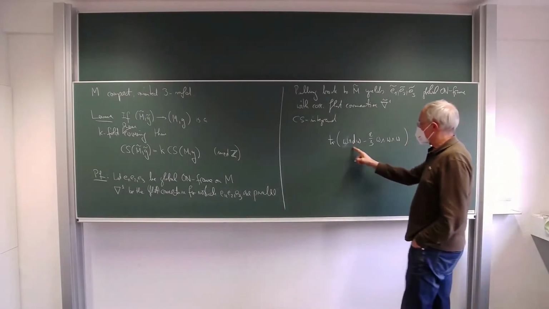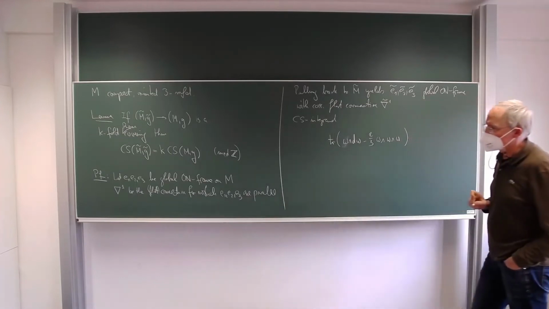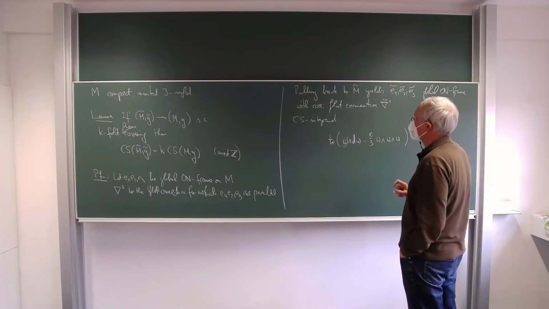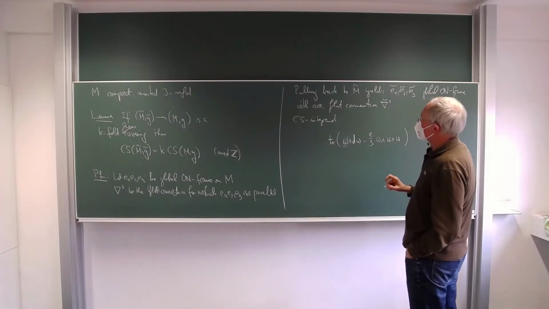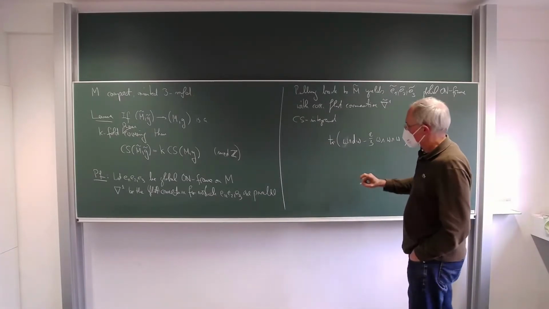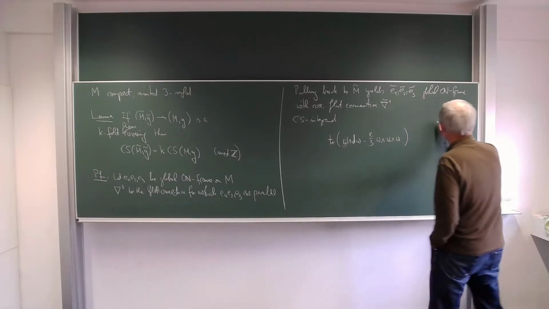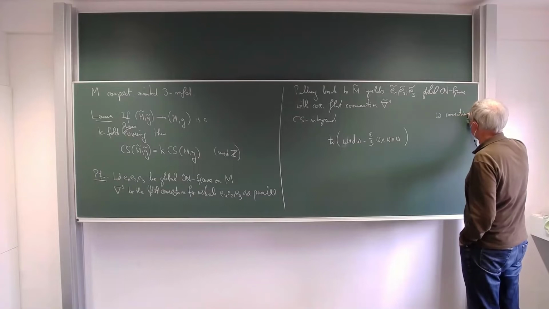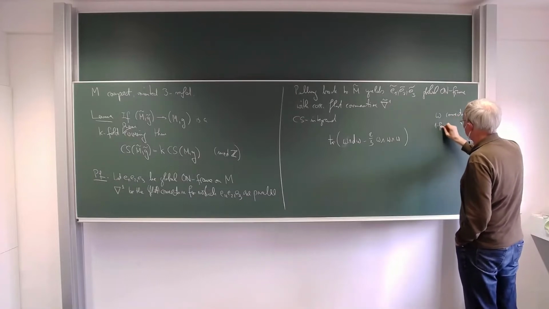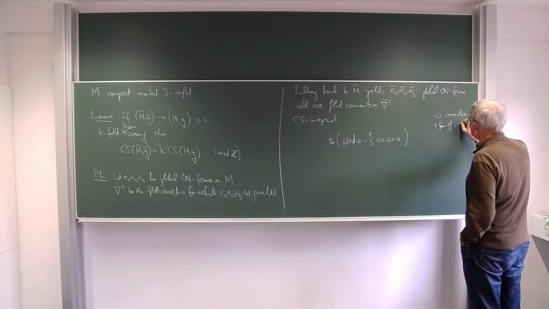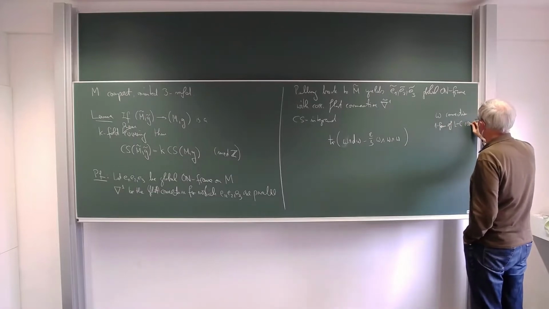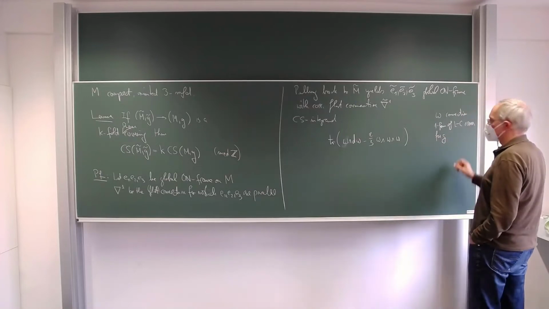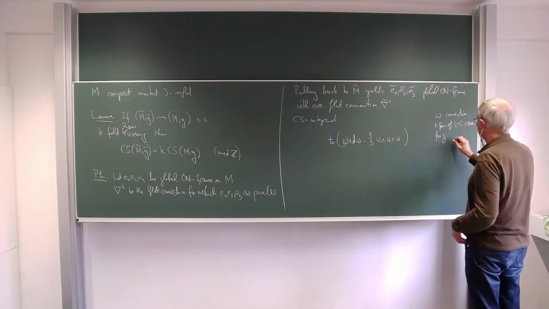And this three-form has to be integrated over M to give me the Chern-Simons invariant. Over here, omega is the connection matrix, the connection one-form of the Levi-Civita connection for g with respect to this frame E1, E2, E3.